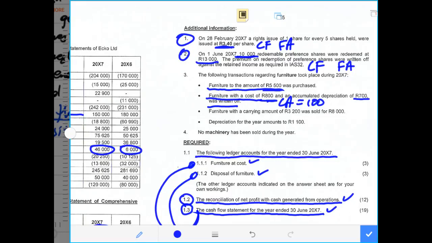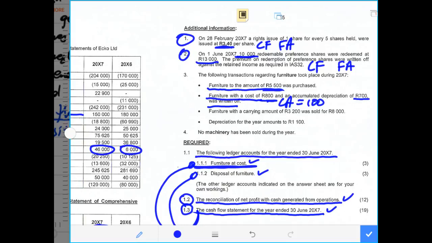There was no money that came in because of the furniture that was written off, and none went out, therefore it will not affect our cash flow. So this is not a cash flow item, but it does affect our ledger account for furniture, which is requirement 1.1.1. Let us keep it in our mind.